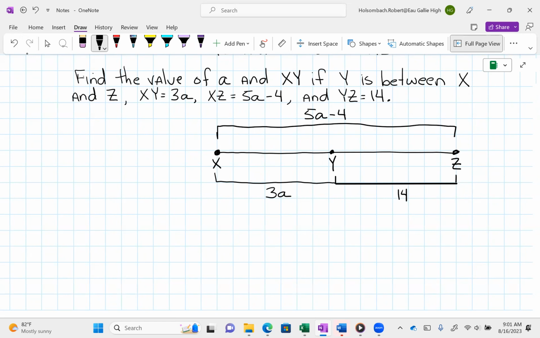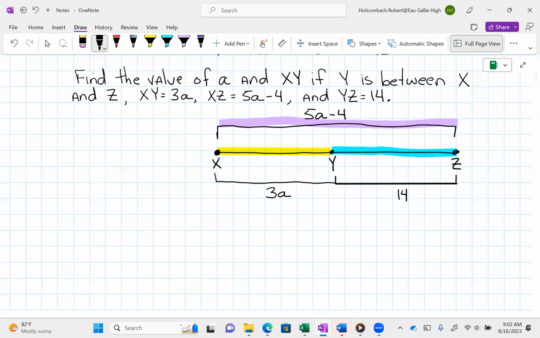So remember yesterday we said that the sum of the two smaller pieces, if we take yellow and we add it to blue, isn't it going to equal the entire piece? So we write an equation now.